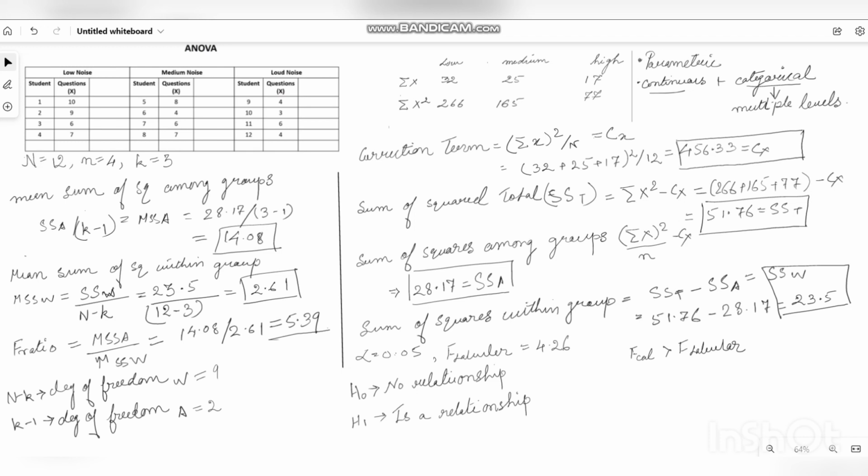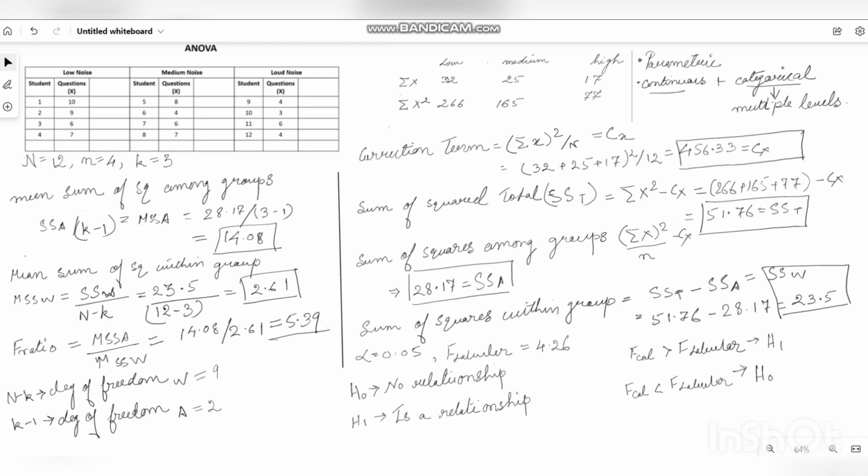Now, if our F calculated is greater than the F tabular, we will reject the null hypothesis and accept the alternate hypothesis that there is a relation. But if our F calculated is less than the F tabular, we will accept the null hypothesis and reject the alternate.